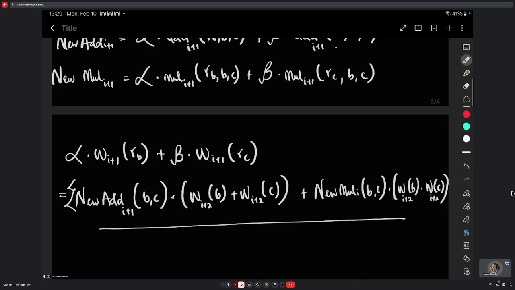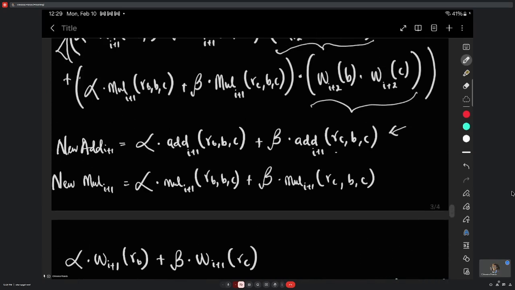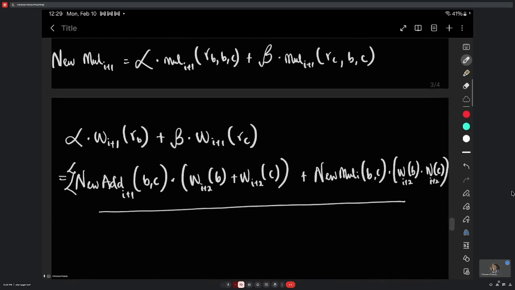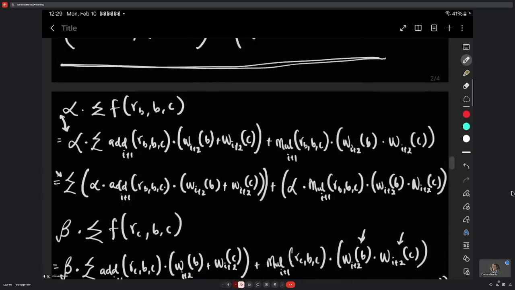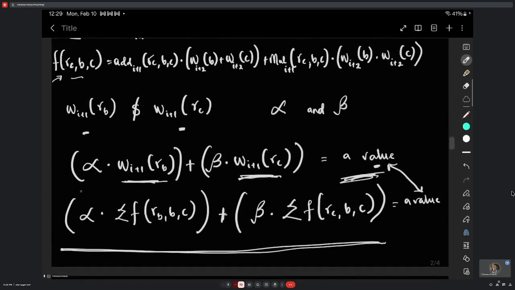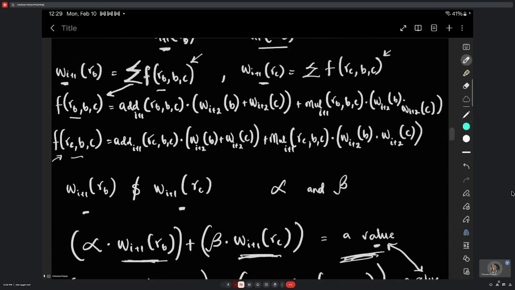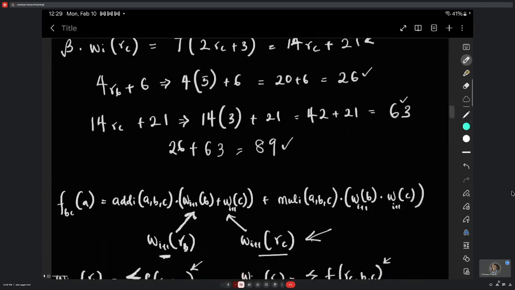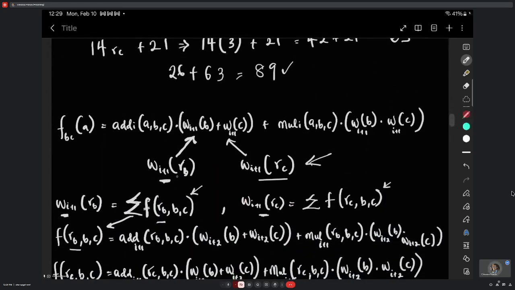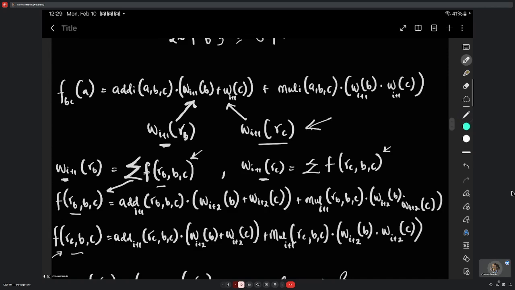Is there any particular place that we can relate this to the first equation? Before this part, this equation, right? So that last equation, that new adder, and this one.